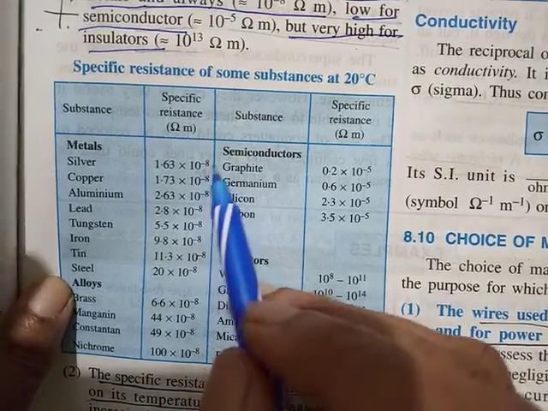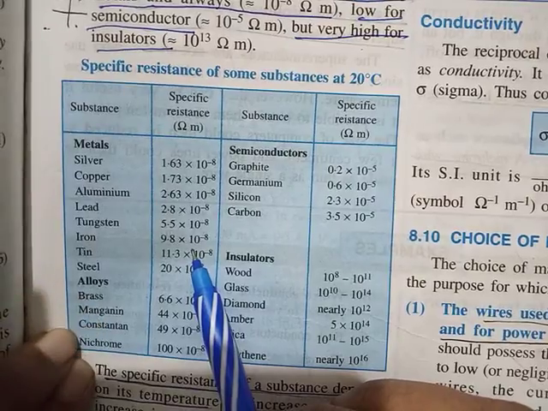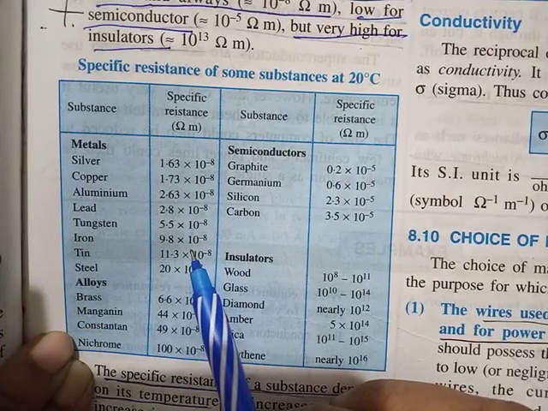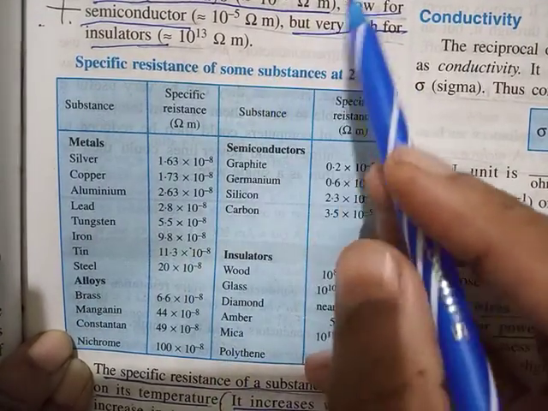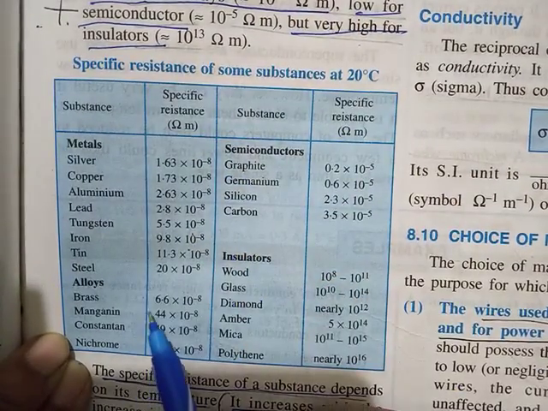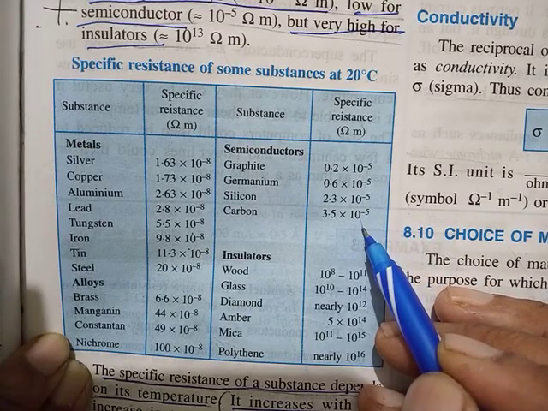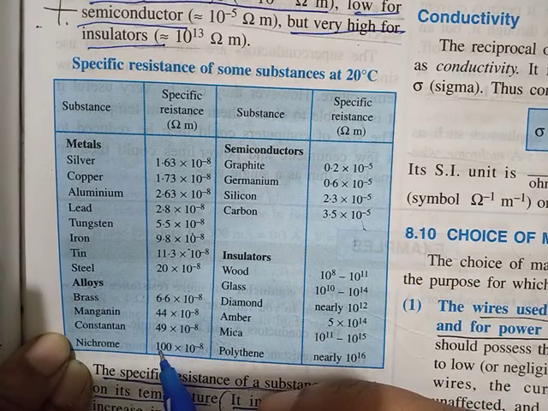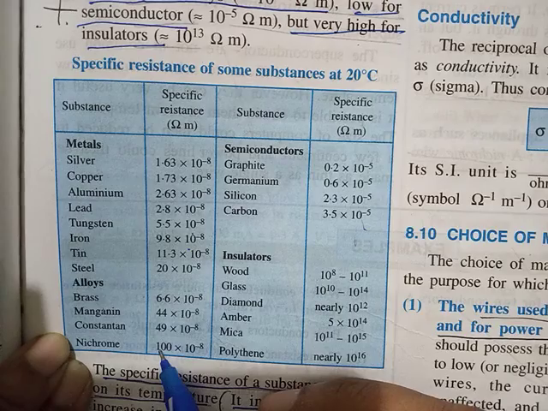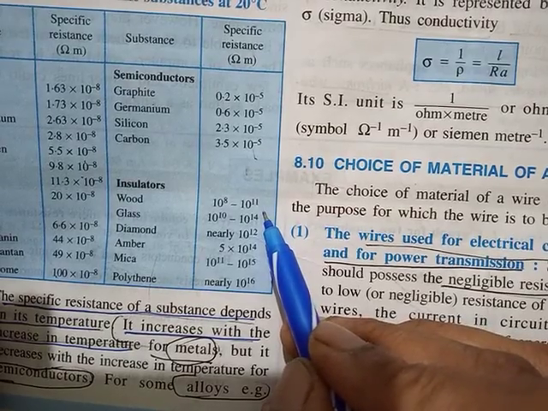The specific resistance of metals is very low, and for semiconductors it is low, and for insulators you can see the specific resistance is very high.